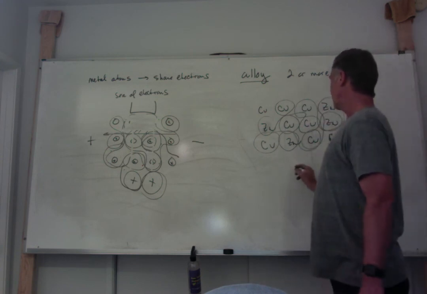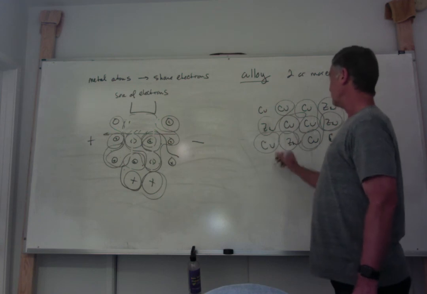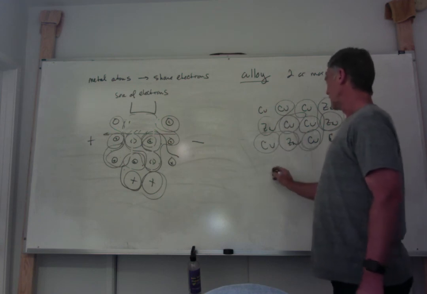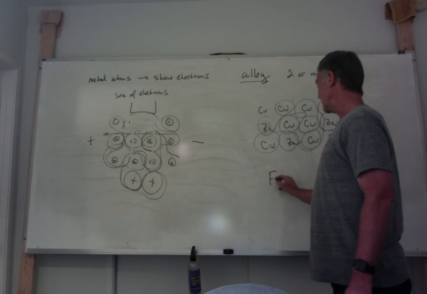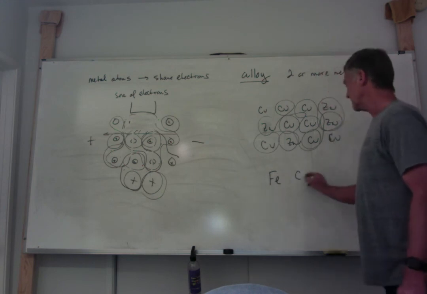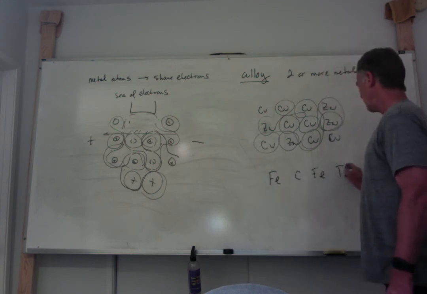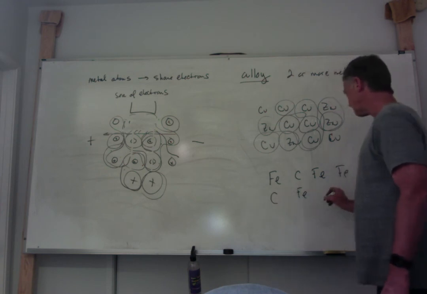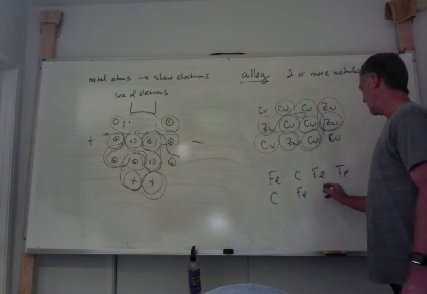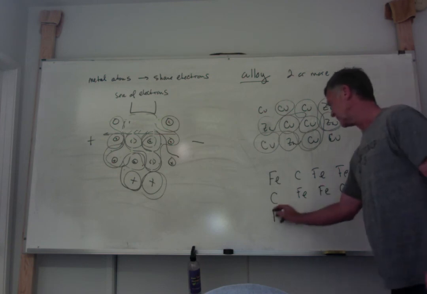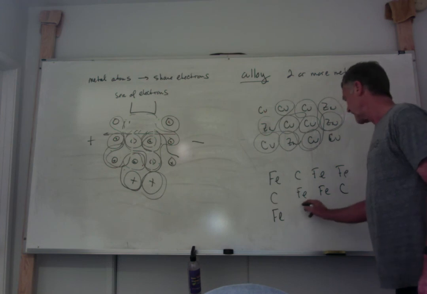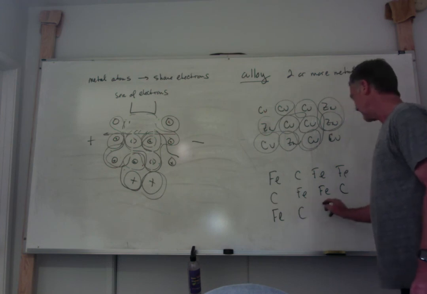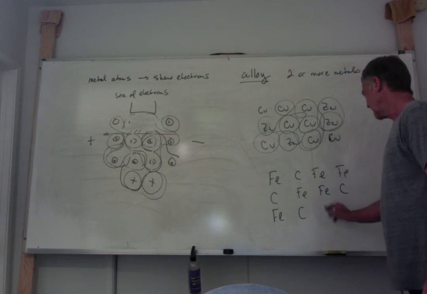There's also, you can take and put other things inside of there. Let's say we take carbon inside of iron. Iron with carbon in it is a much stronger, I've forgotten the name, my mind just went blank, but there's a name for that when you put carbon into iron.